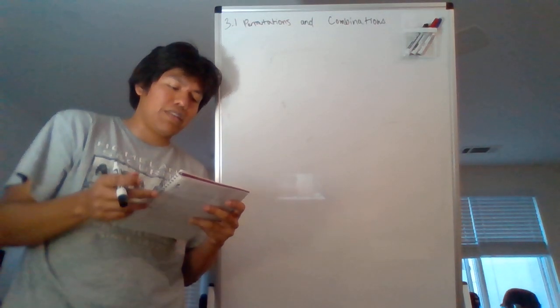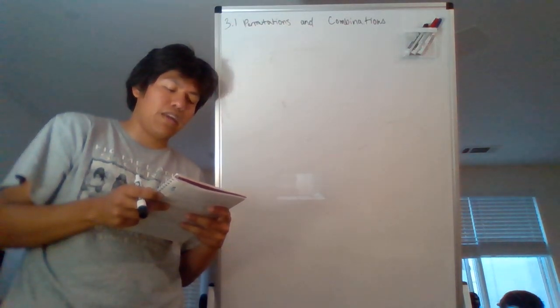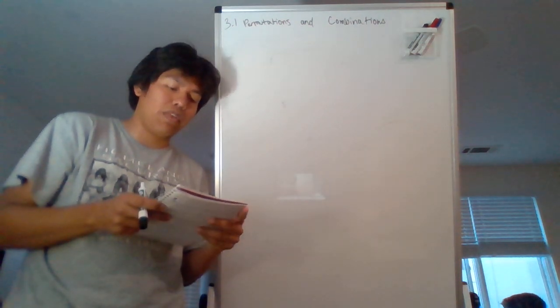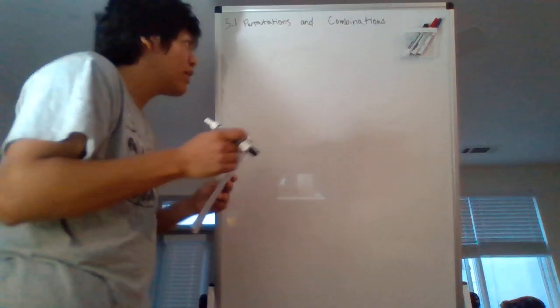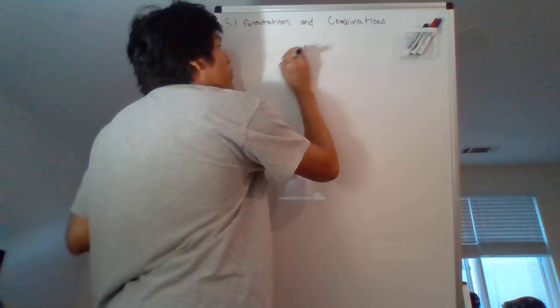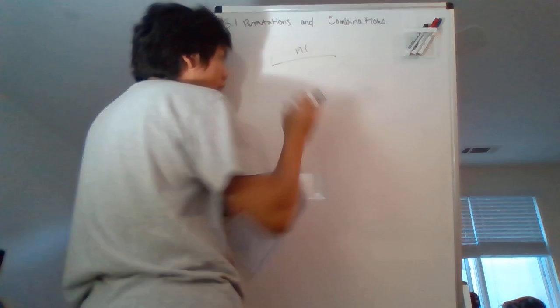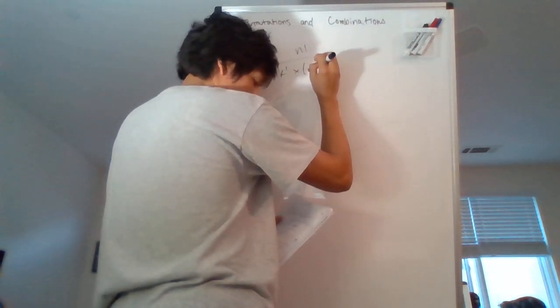Let me read the definition here. Given n distinct objects, the number of ways of choosing a subset of size k without replacement and without regard to the order in which the objects are chosen is, and this is the formula for combinations, n factorial over k factorial times n minus k factorial.